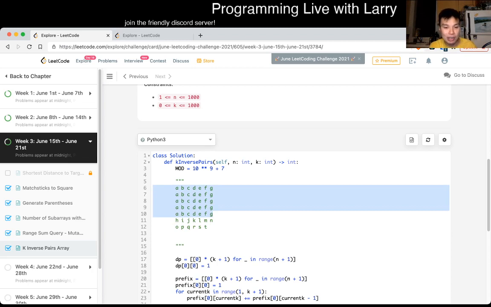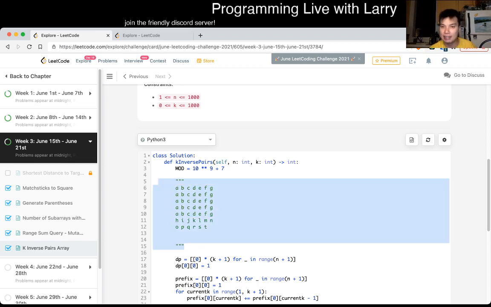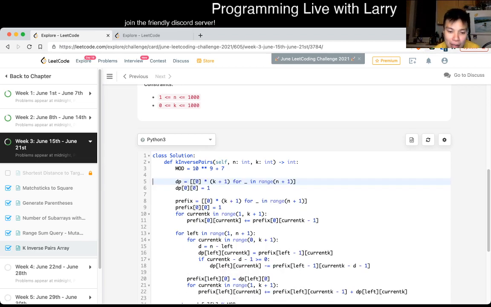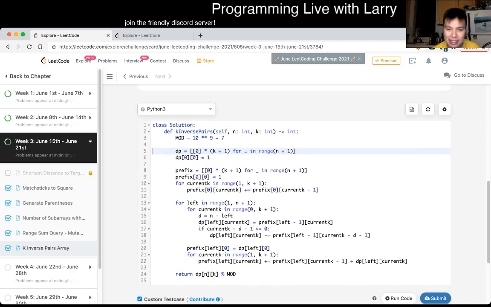And because you can ignore them, you can actually get rid of them. That's the idea about saving space: because you don't need those rows, you can get rid of them and you don't have to keep track of them. There are different ways of implementing that, but that's basically the idea about getting that to O of k space. And that's all I have for this video.